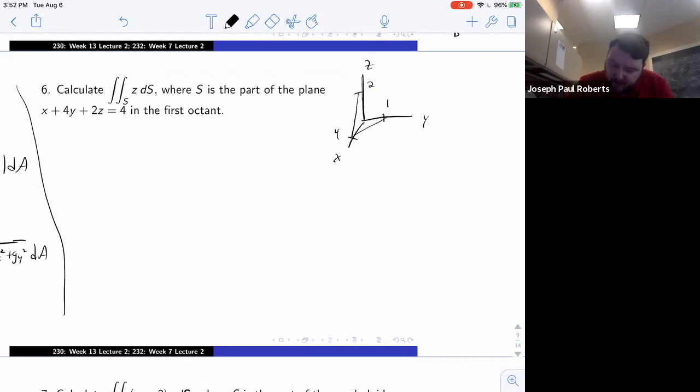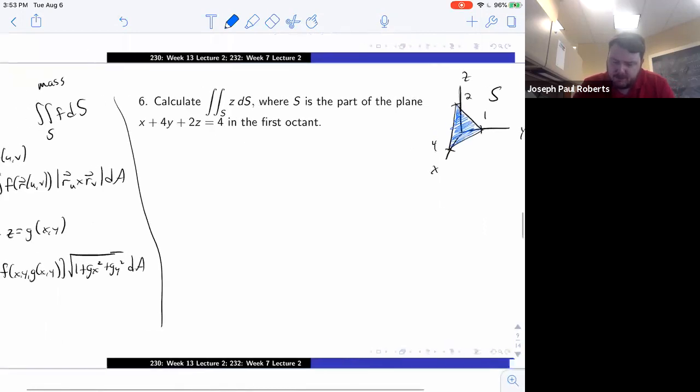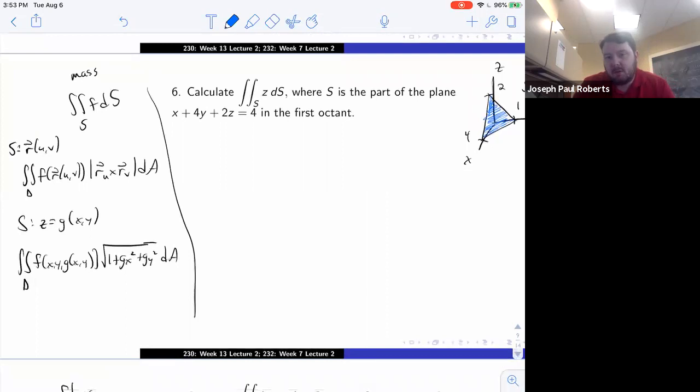So the part of the plane in the first octant ends up just being this triangle that goes through those 3 points. Okay, so which of these two do I want to do? It's up to you. You could write out r of uv. You could do r of xy. It's up to you.